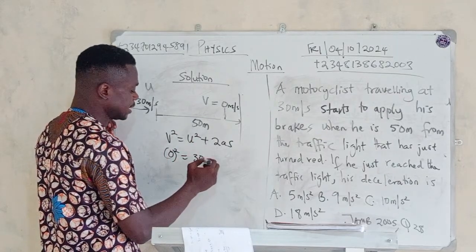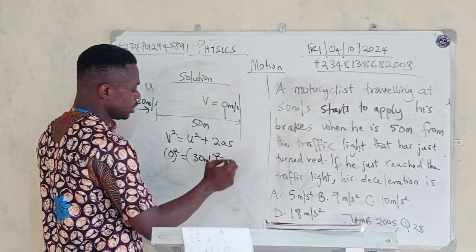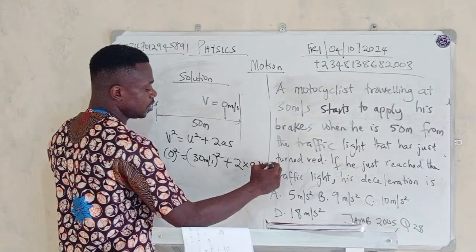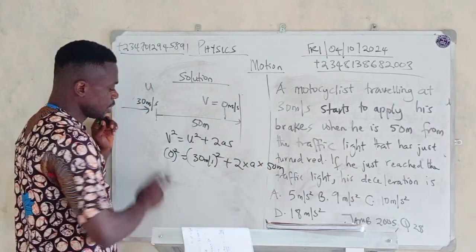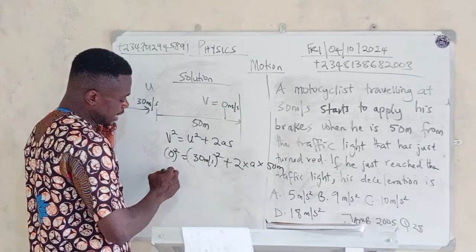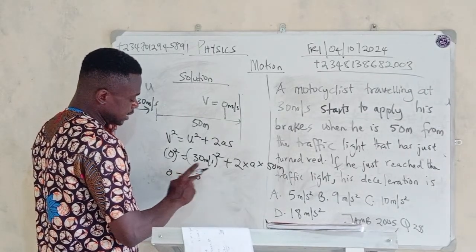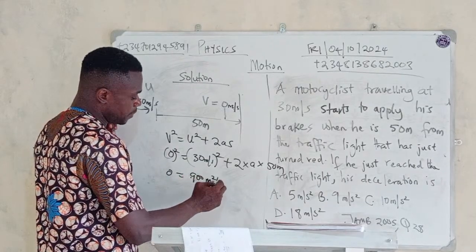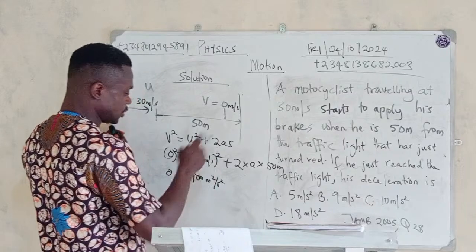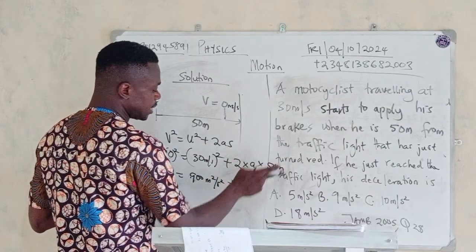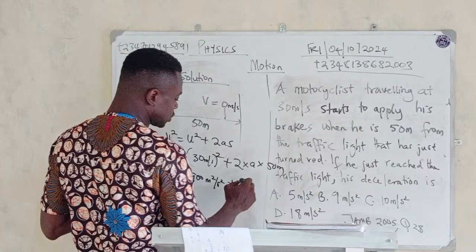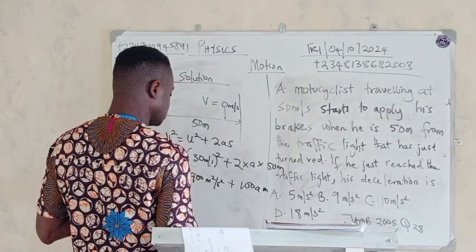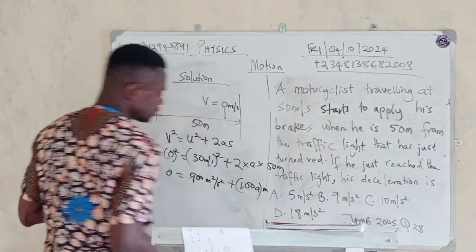So here, 30 meters per second squared, plus 2 times a times the distance, which is 50 meters. Here we have 0 is equal to 30 squared, which is 900 meters squared per second squared, plus 2a times 50, which is 100a meters.